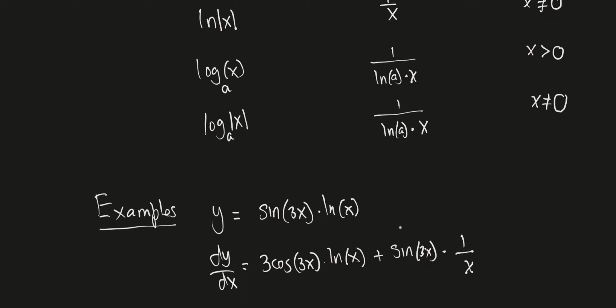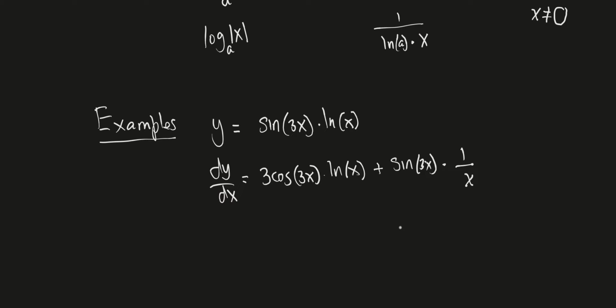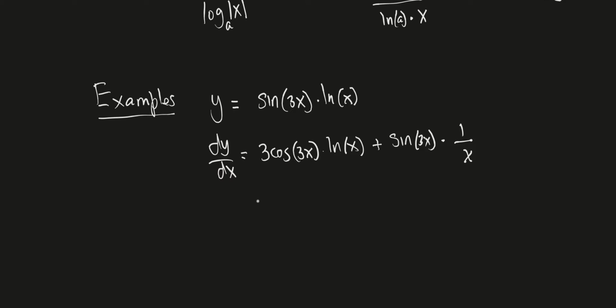And that's the derivative. Now, one thing that is sometimes helpful is to take the sum of these two terms and write it as a single fraction with a common denominator. In this case, we can use a common denominator of x.